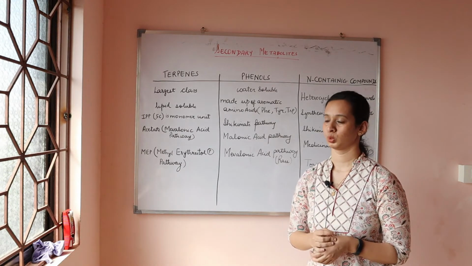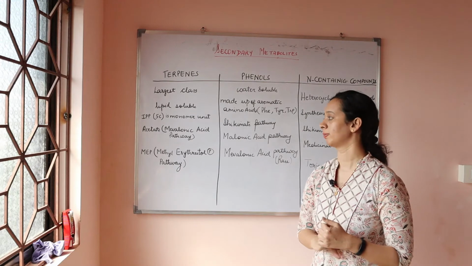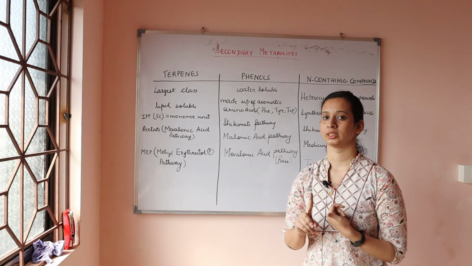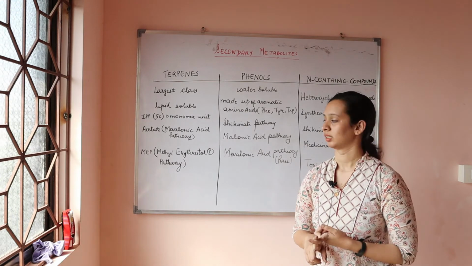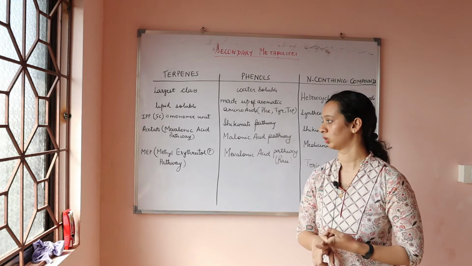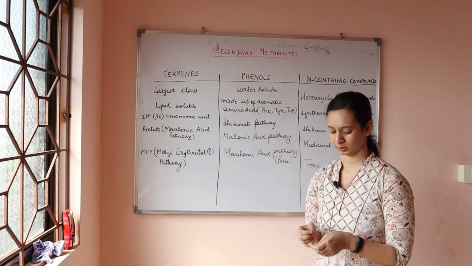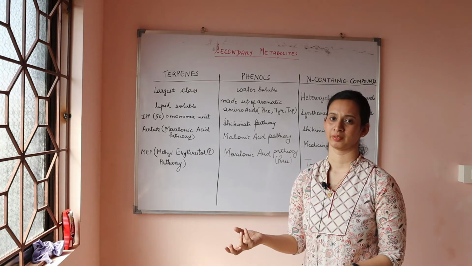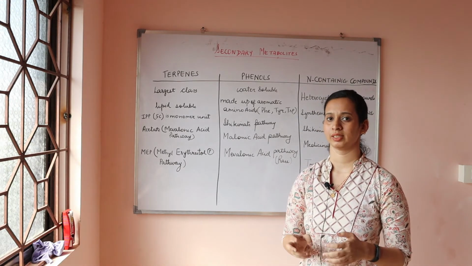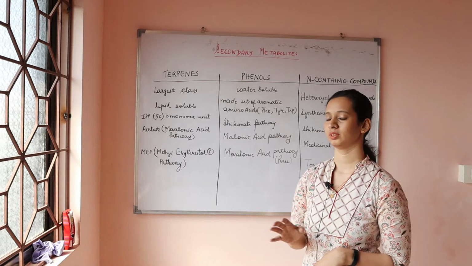IPP is the monomer unit, and it is produced by the acetate pathway, which is the mevalonic acid pathway, and also by the methyl erythritol pathway. So it is produced by 3 different pathways. What these pathways are, I will flash somewhere on the screen in brief.